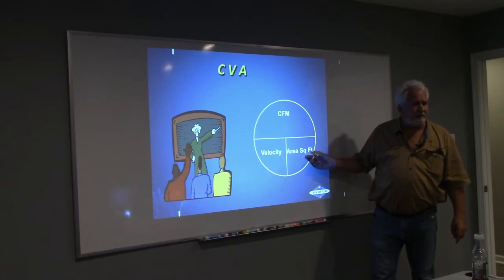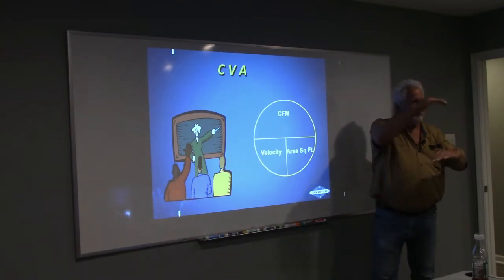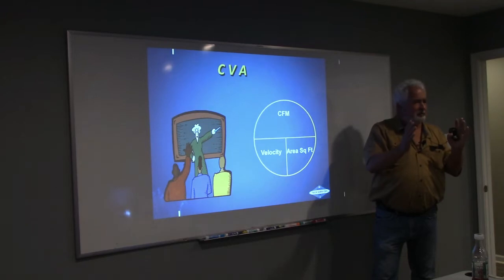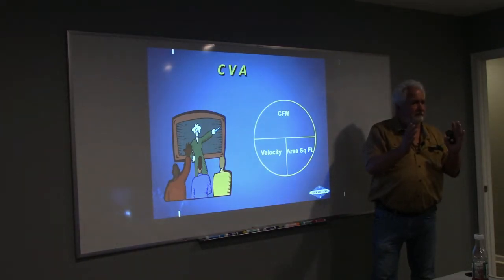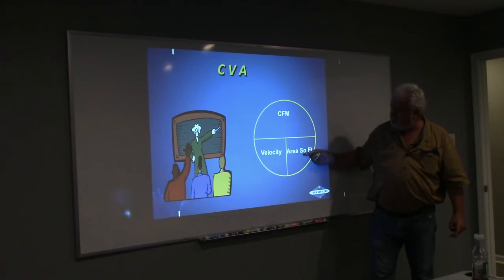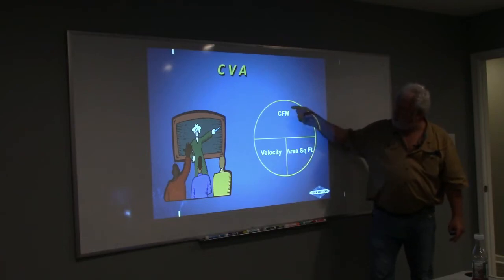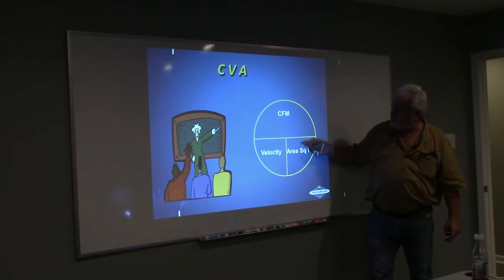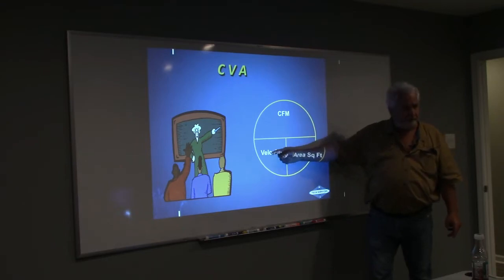Area in square feet. So if I have a 12 by 12 grill, how many square feet do I have on that? 1 square foot. Does that make sense? Yes. Good. So if I have 100 CFM going through 1 square foot, CFM divided by area gives me velocity. 300 CFM, 1 square foot is 300.